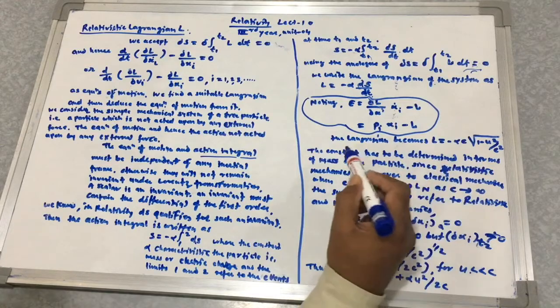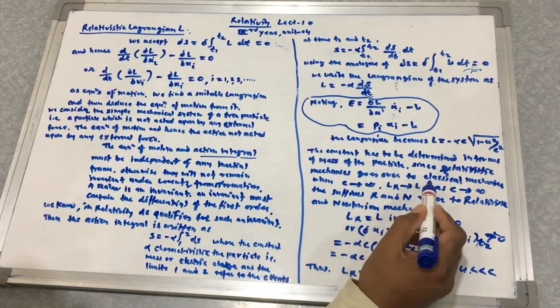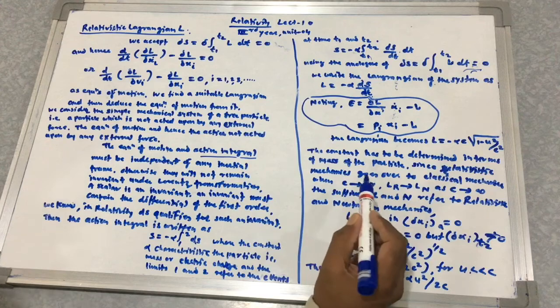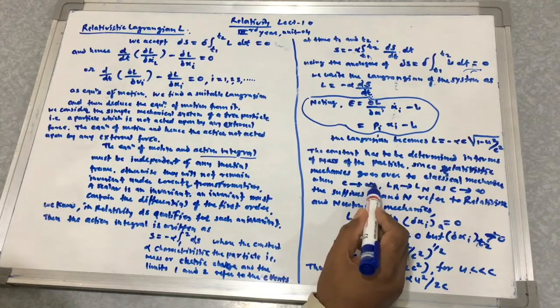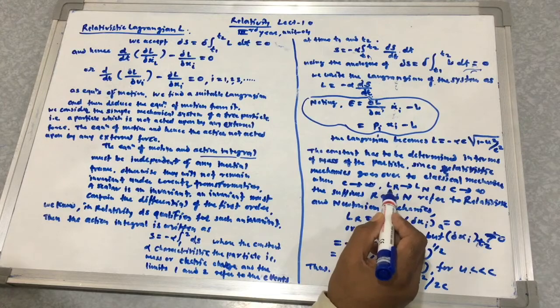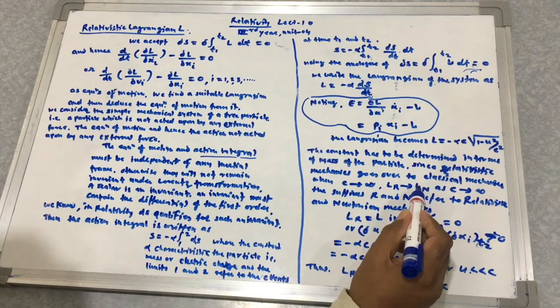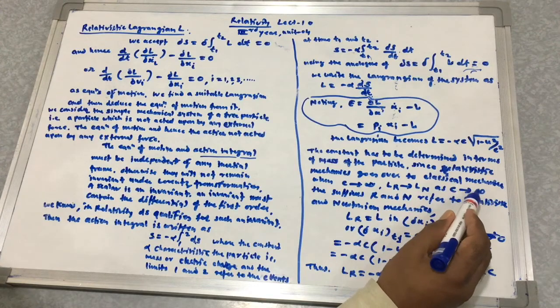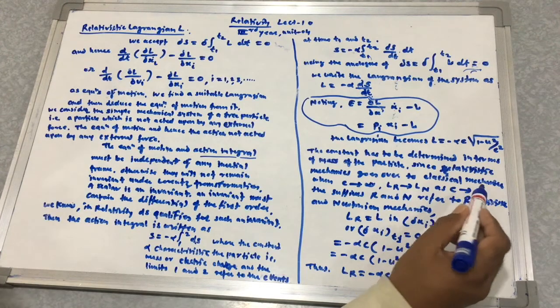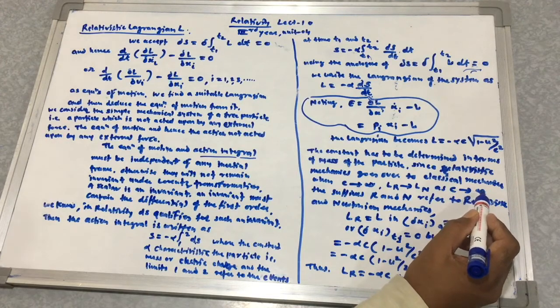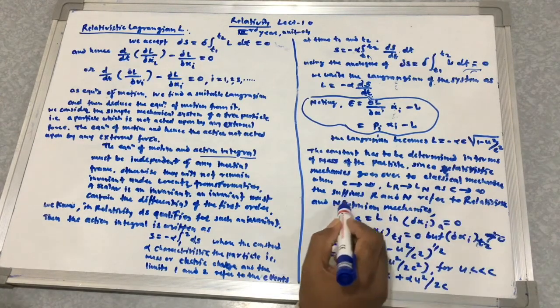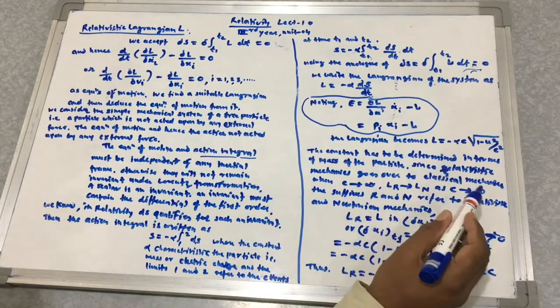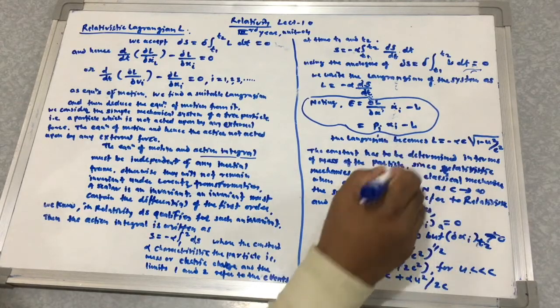Since relativistic mechanics goes over to classical mechanics when c tends to infinity, the relativistic Lagrangian tends to L n as c tends to infinity. The suffixes r and n refer to relativistic and Newtonian mechanics.